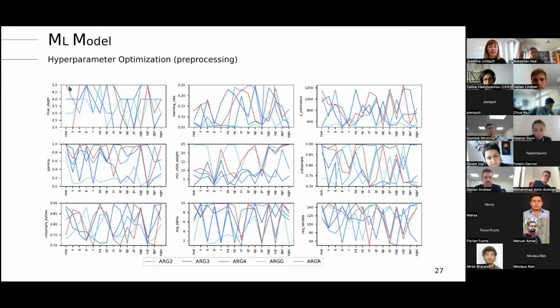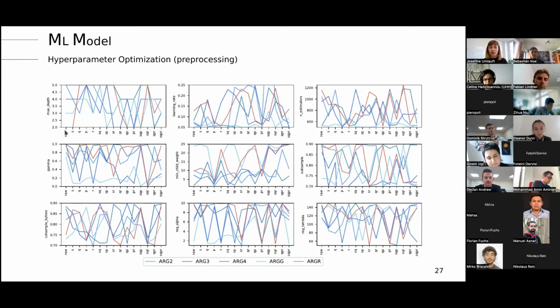What you see on the x-axis is that exact search. We are searching for the best hyperparameter for different preprocessing applied to our feature space.